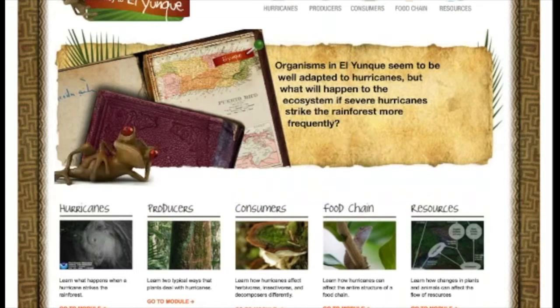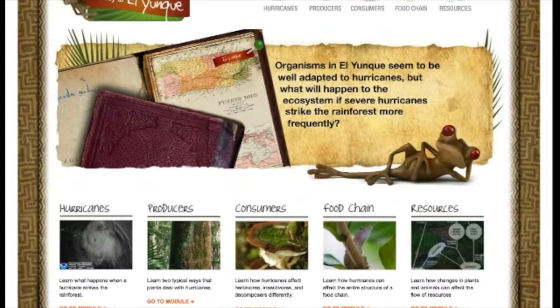So the main research question that students are investigating throughout the whole unit is that organisms in El Yunque seem to be well adapted to hurricanes, but what will happen to the ecosystem if severe hurricanes strike the rainforest more frequently?